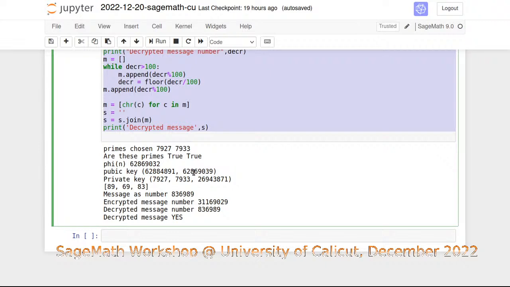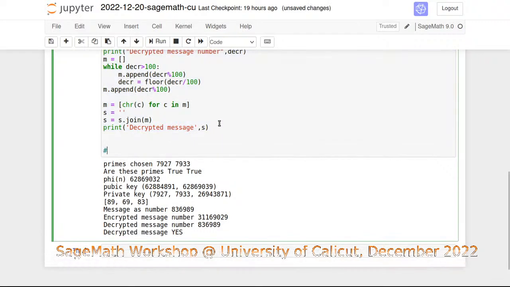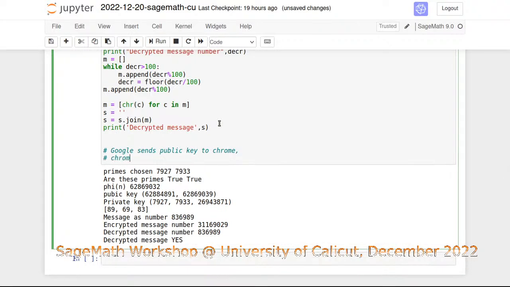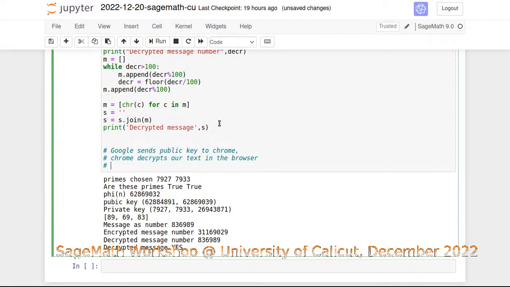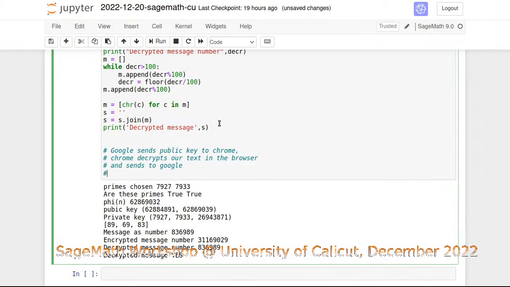So it decrypts the password, sorry, not encrypts, decrypts. So that's the first step. In the browser, this is the second step, and it sends to Google.